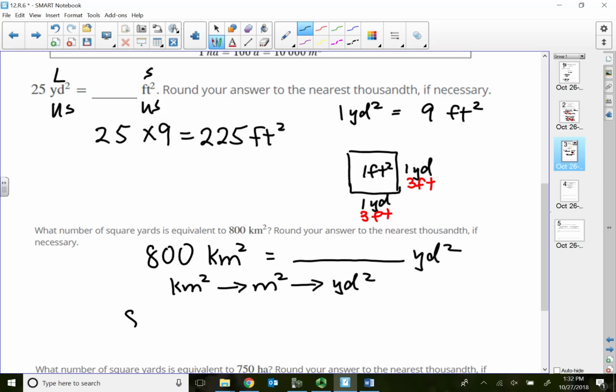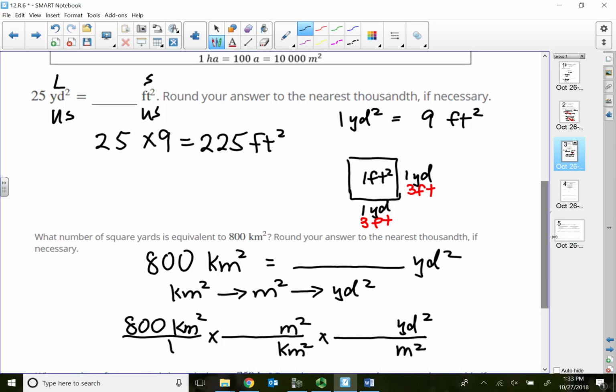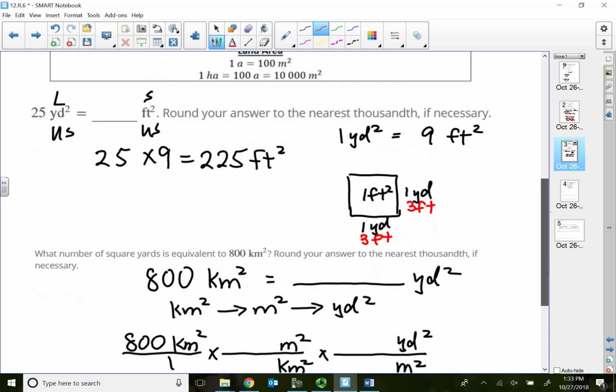All right, so I can actually do this problem all together using dimensional analysis. 800 square kilometer over 1 times another fraction. Put my square kilometer down here, put my square meter up here, times another fraction. I don't want square meter, right? So I put it down here so the square meters can cancel out. Square meter can take me straight to square yard. My conversion between square meter and square kilometer says 1 square kilometer is 1,000,000 square meters.